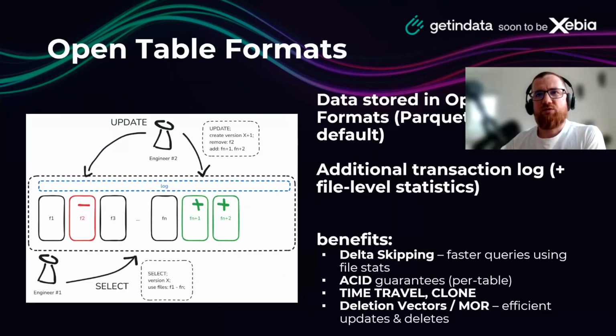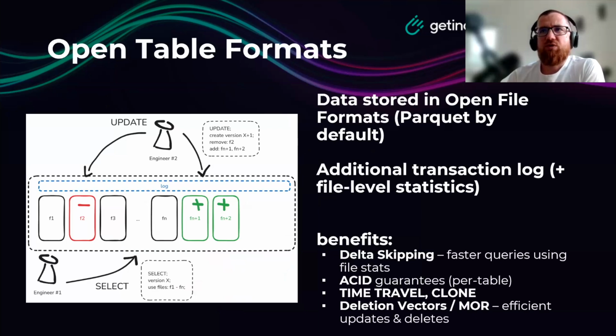And let's look at the details here of the data lake format to understand what was added and what is solving the problems we faced when moving to pure file formats. As you can see on the diagram, the data in our tables is still stored in the Parquet files. Here on the diagram, from F1 to Fn, those are just files with data.